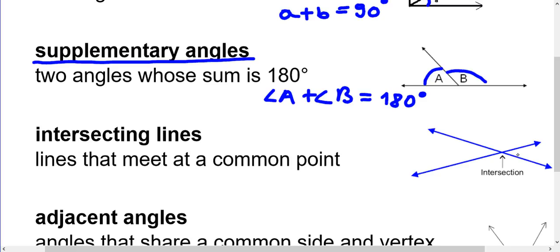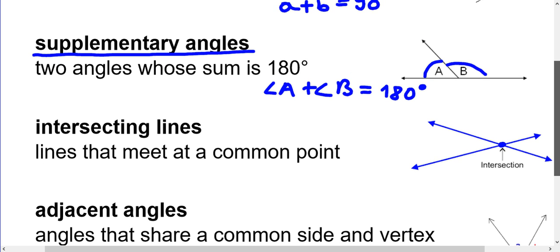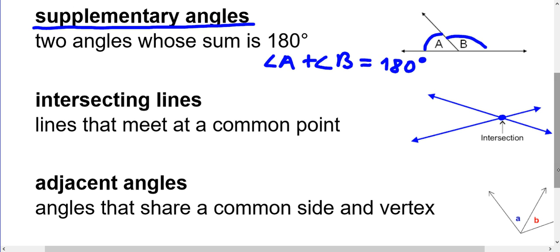When you have two lines, they meet at a common point, so they intersect. They intersect here. When you have two intersecting lines, I guess I should add, the opposite angles are the same. So this angle here is the same as this angle here. So if I say that this is 30 degrees, this is also 30 degrees.